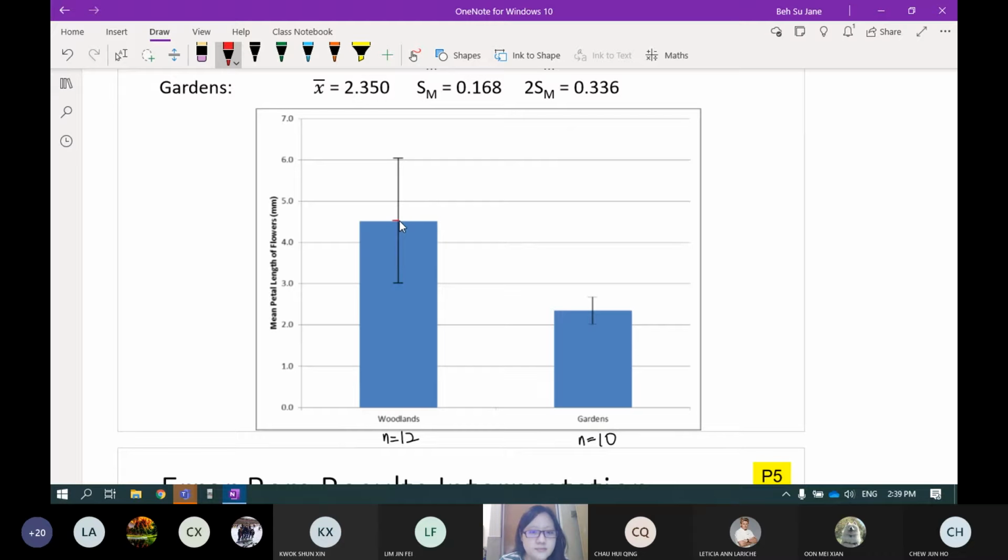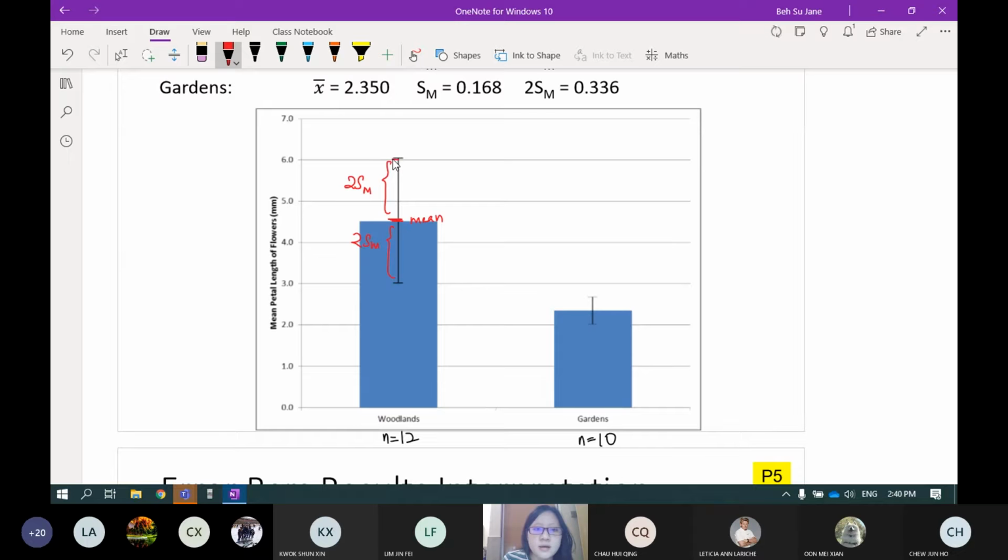Outside, it might be different. Okay, what you're plotting here is your mean value, right? These error bars are actually plus minus 2 SM. So 2 standard error. This one is also 2 standard error.